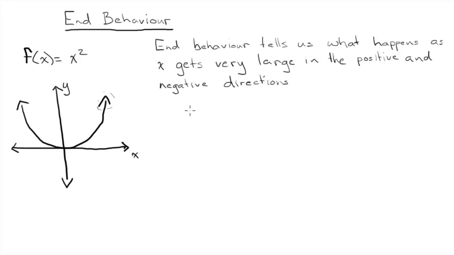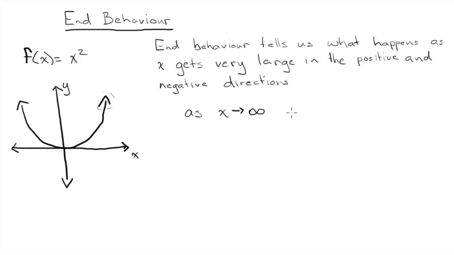The way we're going to write this is, as x gets large, where is this arrow going? As we move along our axis this way, what's happening to our function? The way you write as x gets large is as x goes to infinity. Going to infinity just means you're getting bigger and bigger.